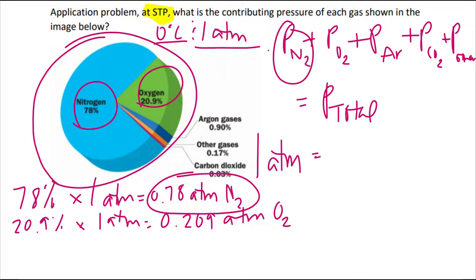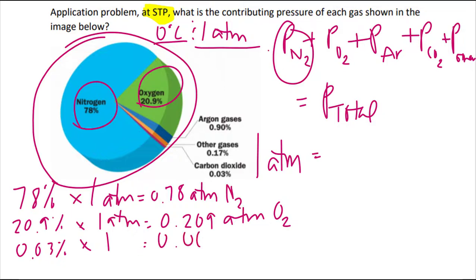And same with my CO2, 0.03% times 1 gives us 0.0003 atm of CO2.